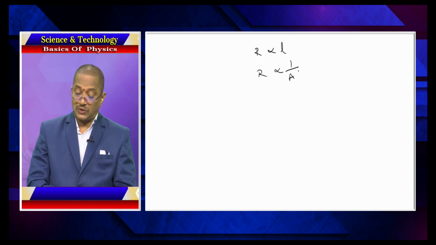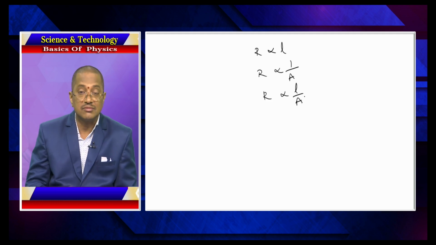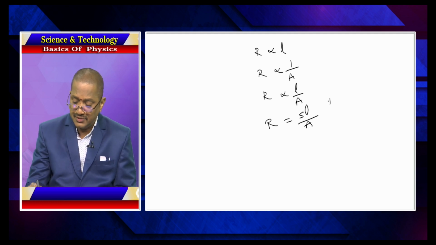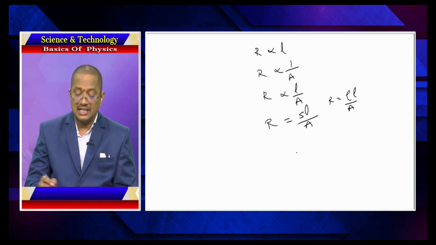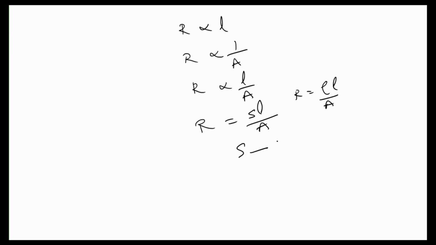R is proportional to 1 by A, so R is proportional to L by A. R is equal to S L by A. Sometimes they use rho L by A. Here S is considered the specific resistance, or S is equal to R A by L.